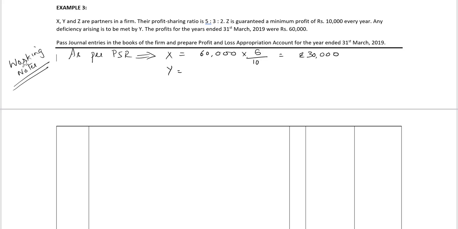Y gets 60,000 into 3 by 10, which is equal to rupees 18,000. And Z gets 60,000 into 2 divided by 10, which is equal to rupees 12,000.